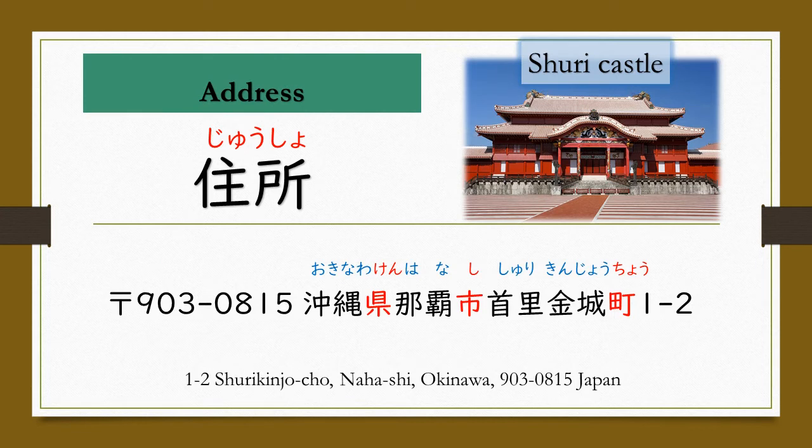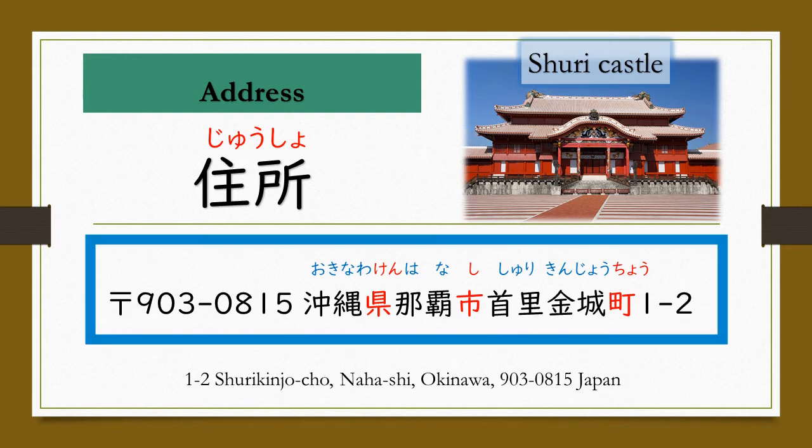The kanji we just learned today is for the address in Japan. Address is 住所. For example, Shuri Castle's address is 903-0815沖縄県那覇市首里金城町1-2.